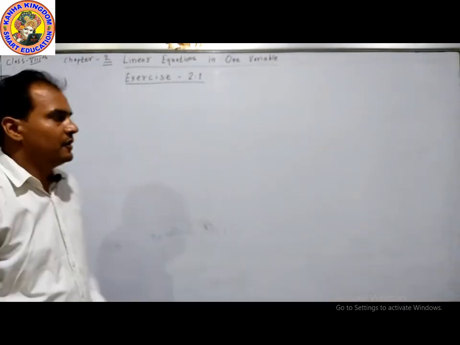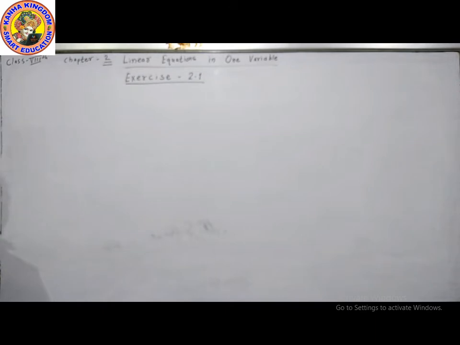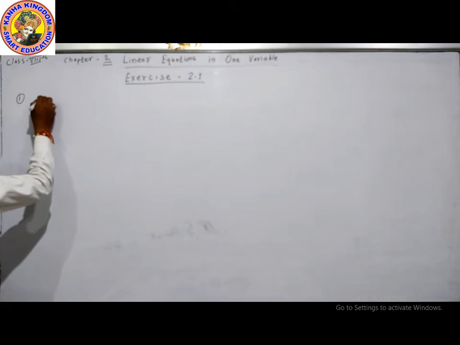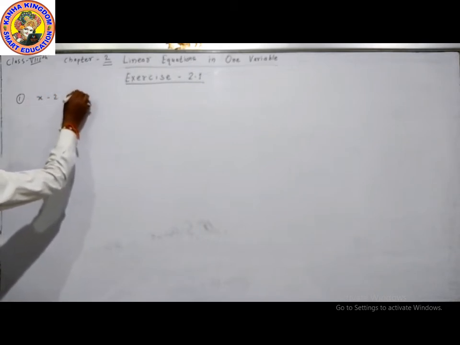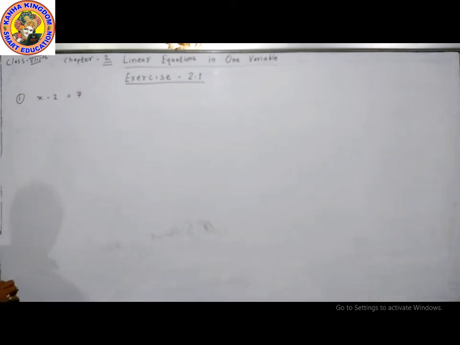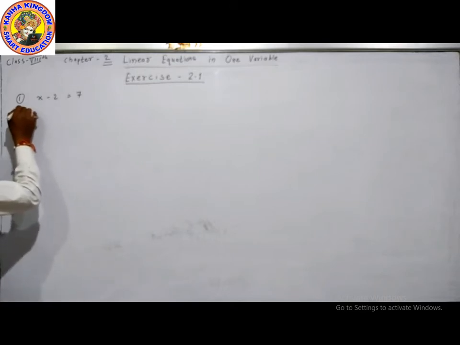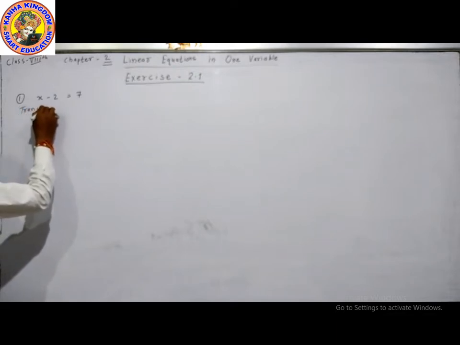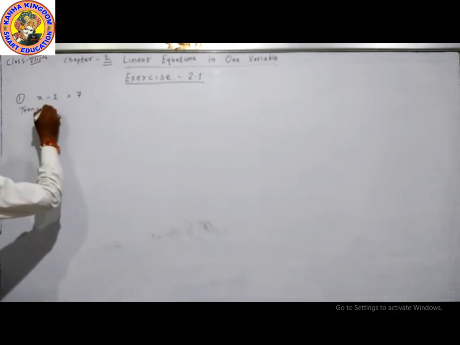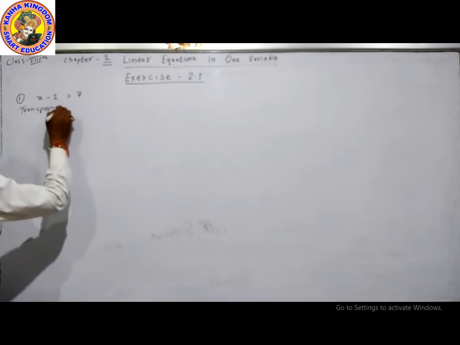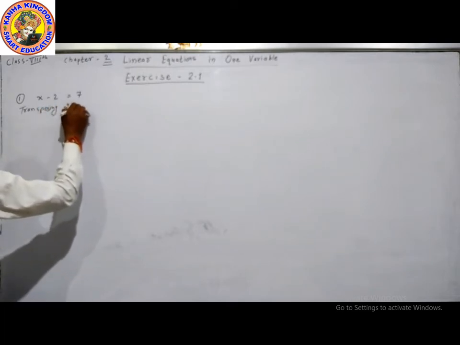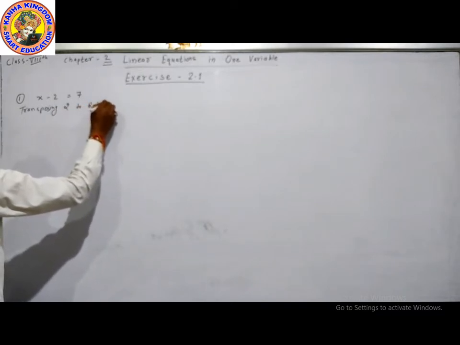So student, we are taking question from exercise 2.1. Our first question is x minus 2 is equal to 7. Question is solve the equation, means find the value of x. First of all we write transposing 2 to right hand side.